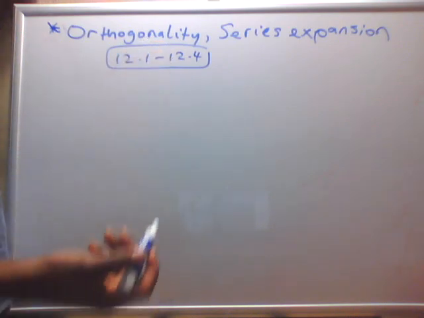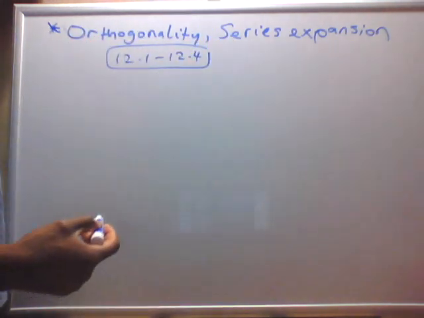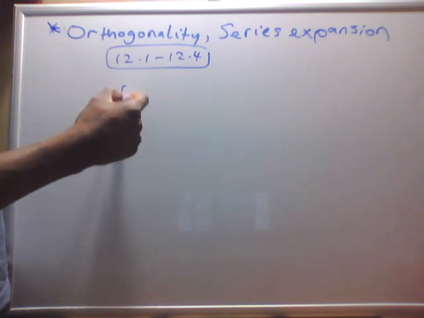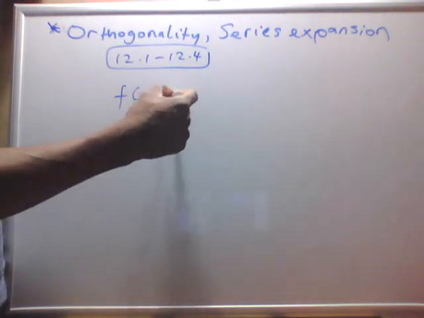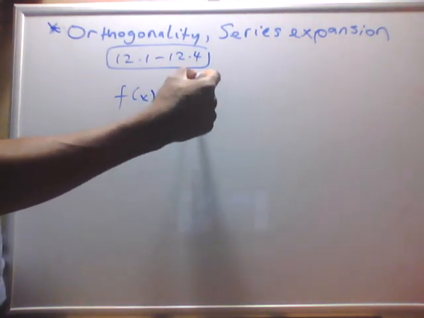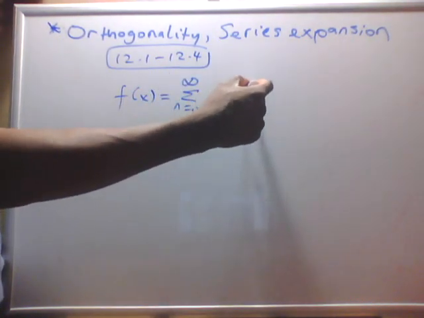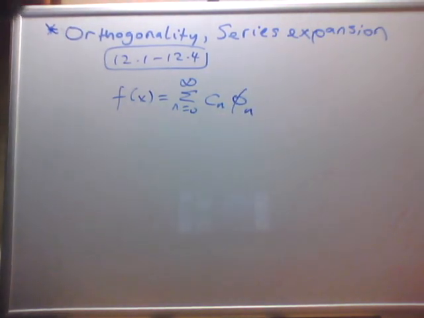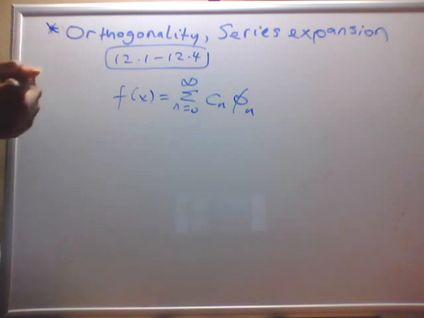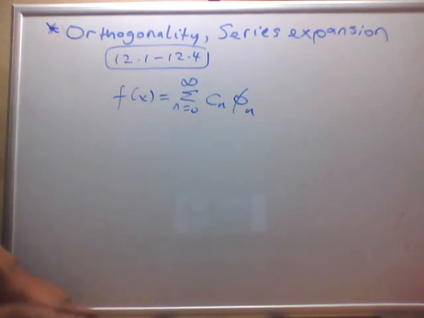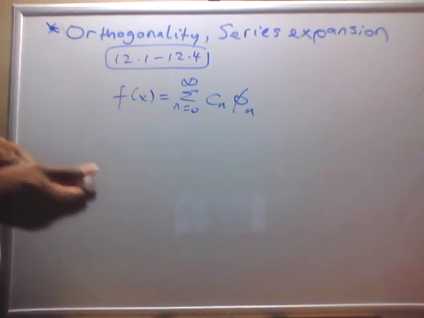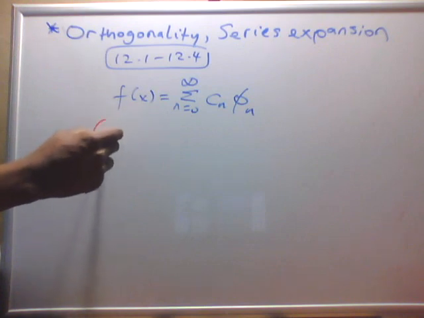So we've discussed orthogonality of functions. The idea was to find a way to expand any function as a linear combination of an orthogonal set of functions. We define orthogonality of two functions.